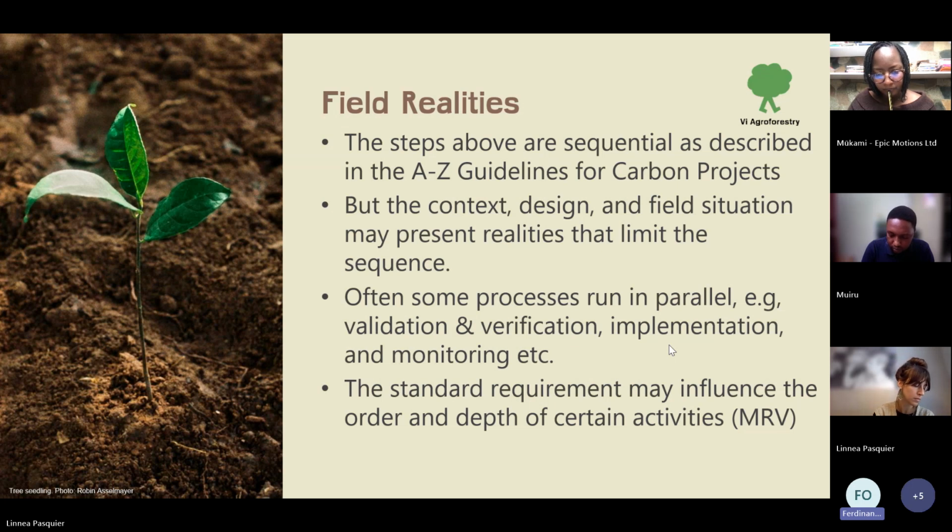So to differentiate them may not be very easy, because the same person doing the validation could at the same time be carrying out the verification process. Implementation and monitoring sometimes also go hand in hand, because we don't separate a specific moment that now it is only monitoring and now it is only implementation.